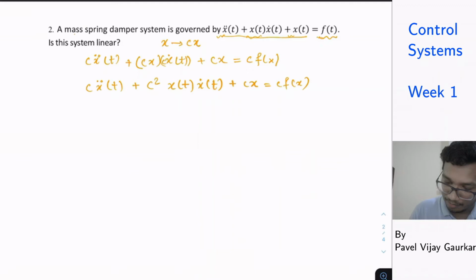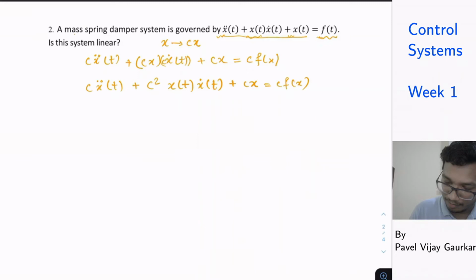So s square plus 2s plus 1 should be 0. This is essentially s plus 1 whole square equal to 0. So we have two repeating roots at s equals minus 1. So when s equals minus 1, this complex function is singular.